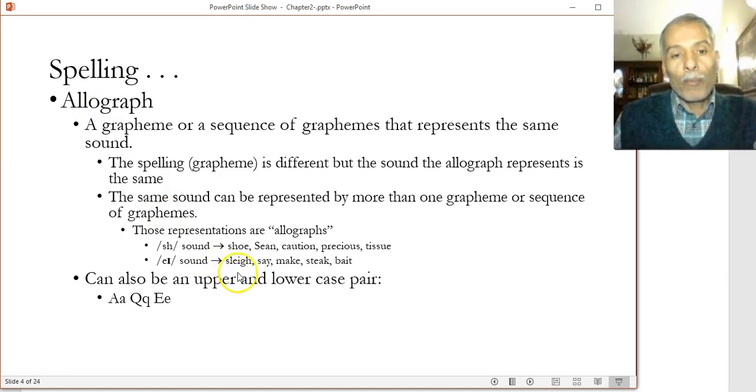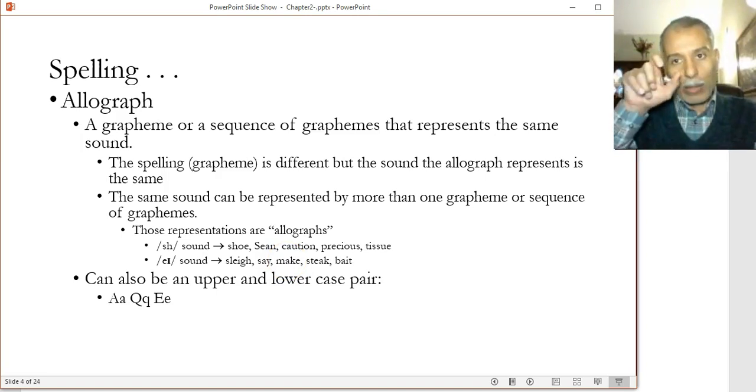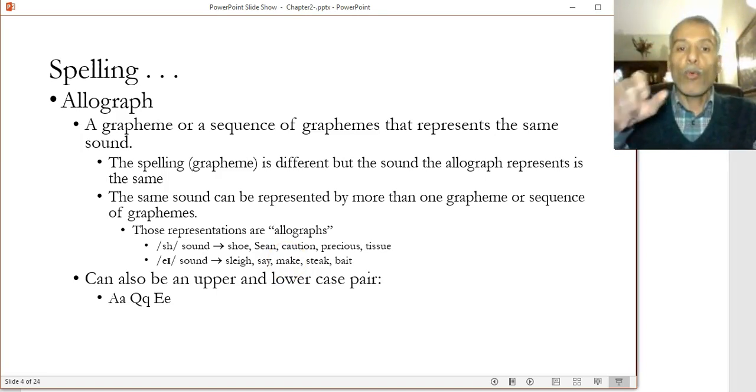So you can do E-I-H, which is A, as in slay. A-I can make this sound. Or simply A, as in make. I am exaggerating certain sounds here to make you feel the difference so that you'll match the symbol the right way.